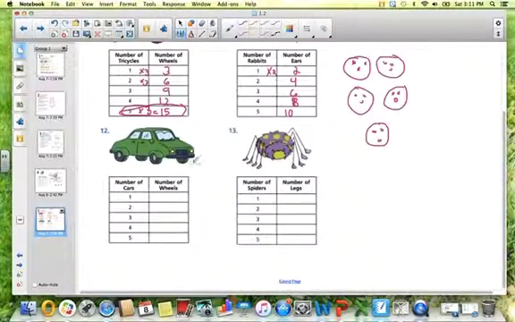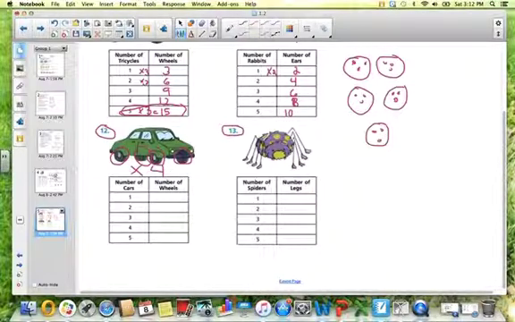Okay, so now what I want you to do is 12 and 13. I really want you to try and solve these for yourself. Let's go over the rule for this one. For number 12, we have number of cars, number of wheels. How many wheels does each car have? I spy 4 wheels. So what's our rule going to be? Times 4.